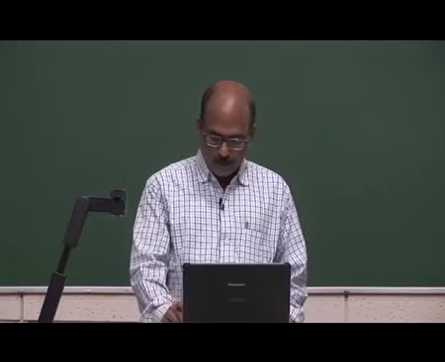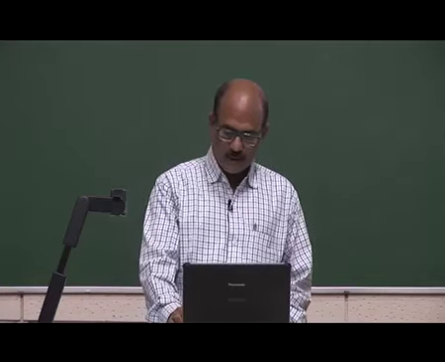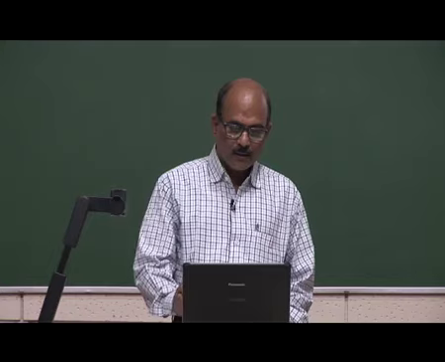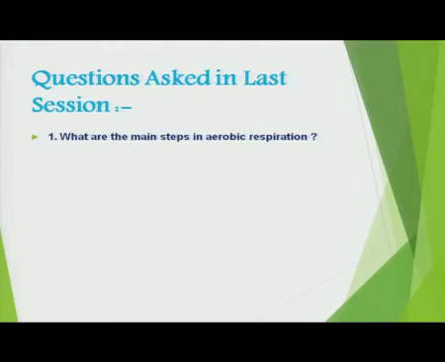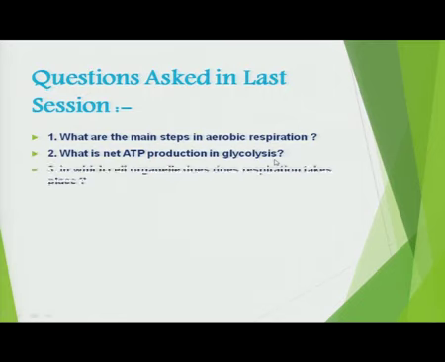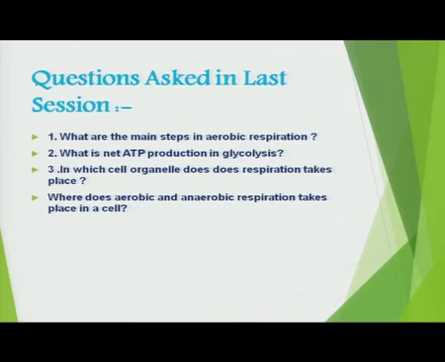Now, first of all, what were the questions previously asked? My first question was, what are the main steps of aerobic respiration? There are two types of respiration, we have already seen, aerobic and anaerobic, and their steps were already discussed. The next question is, what is the net ATP production in glycolysis? The third question, in which cell organelles does respiration take place?